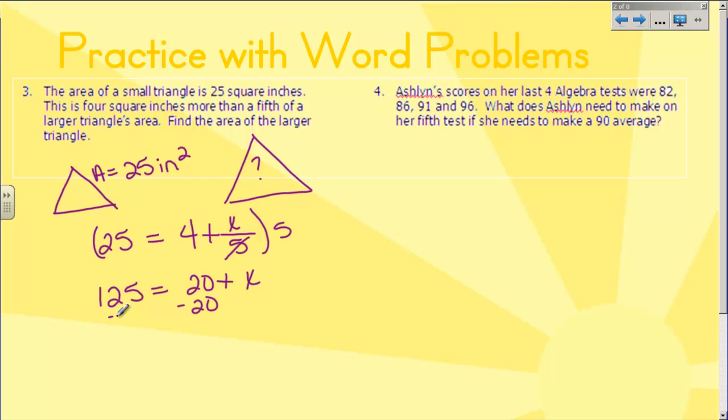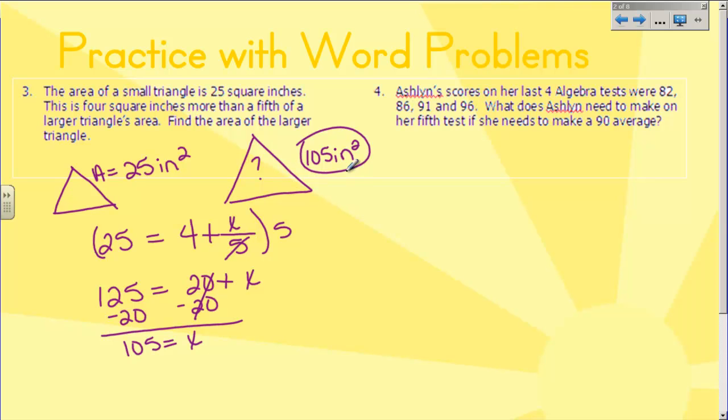And if I do minus 20 here, I'm going to do minus 20 here. And so 125 minus 20 is 105 equals x. That tells me that the area of this triangle is 105 inches squared. So there's the answer to number 3. I set up an equation, and then I solved that equation based on the properties that I know.